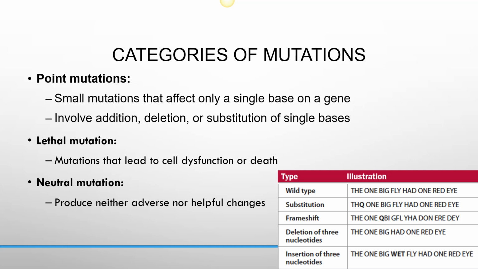They involve an addition, deletion, or a substitution of a single base. A lethal mutation can lead to cell dysfunction or death, and a neutral mutation has no noticeable change, so it doesn't help or hinder the function of the bacterial cell.